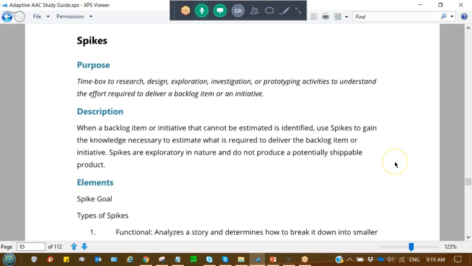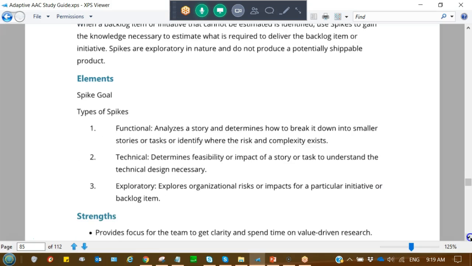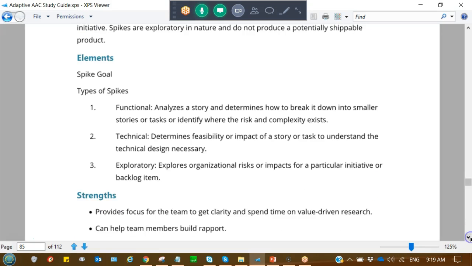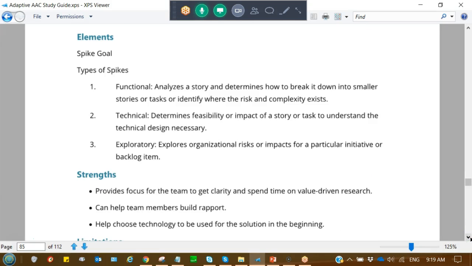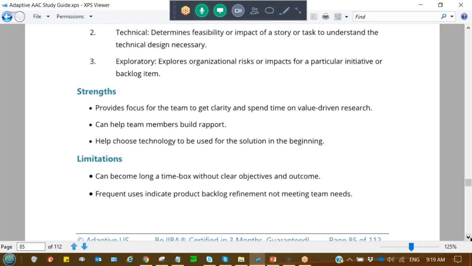You can use spikes to help you do your backlog refinement. And there are basically 3 different types of spikes that they've identified: functional, technical, and exploratory. And they allow the team to basically refine some of the work that they need to do.